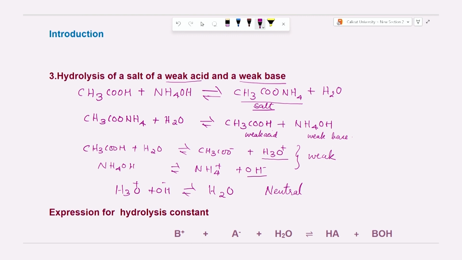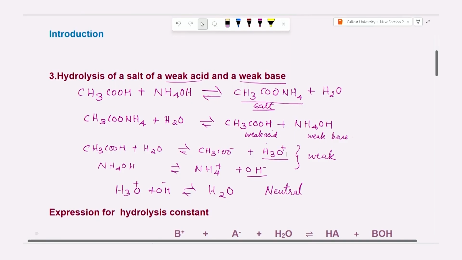It can be very slightly acidic or very slightly basic, depending on how far the acid gets dissociated and the base gets dissociated. If the acid is getting dissociated to a slightly greater extent, the solution may become slightly acidic. If the base is getting dissociated to a slightly greater extent, the solution may be basic, but very little, that is, a very feeble basic solution. And most probably the pH will be around 7 itself.